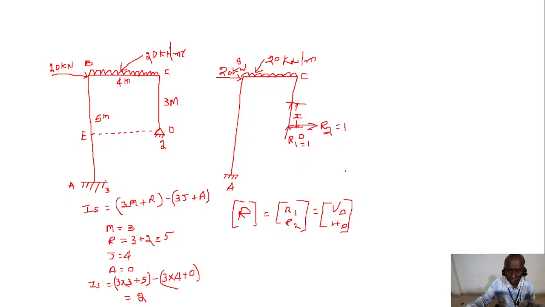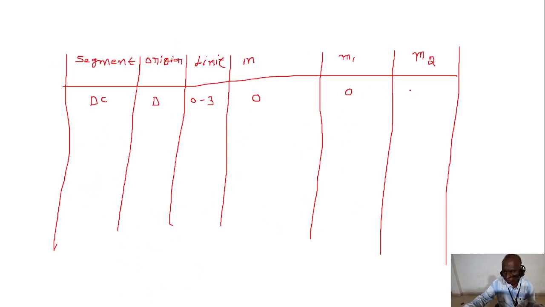The anti-clockwise direction is taken as negative and the clockwise direction as positive. So m2 is minus 1 into X, that is minus X.